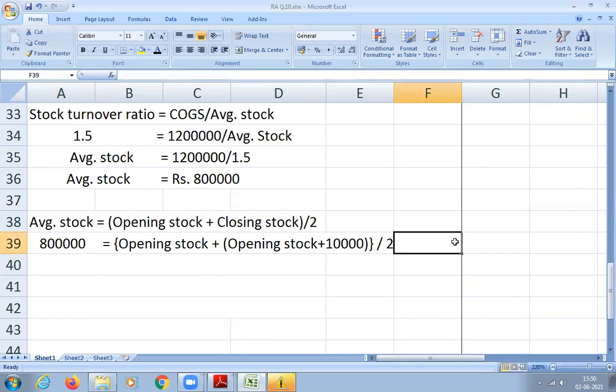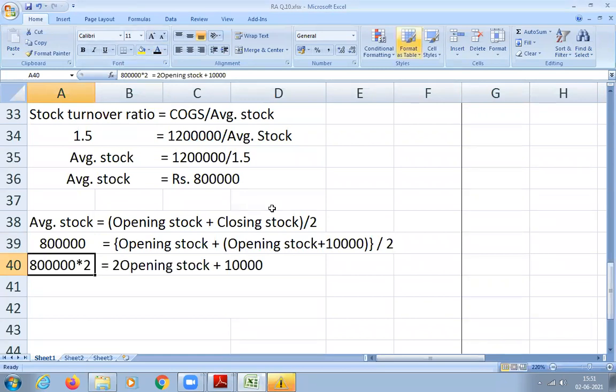You can use X also, but I'm using opening stock directly. So one opening stock plus a second opening stock, when I add, how many opening stocks will I get? I'll get 2 opening stock plus 10,000. This is one opening stock, this is one more opening stock. When I add, I'll get 2 opening stocks. Yes or no?